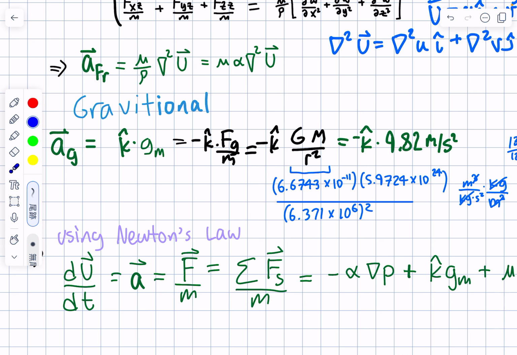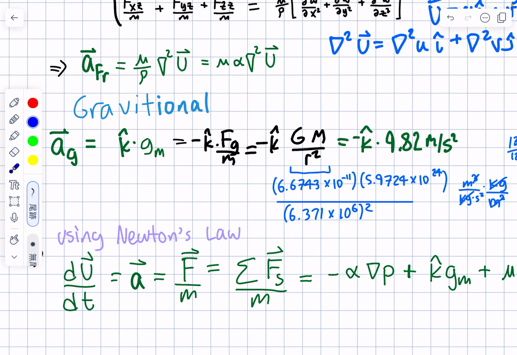For the final fundamental force, we have gravity, which is a force that only has an effect in the z direction. These other forces have had an effect in all directions, but this one will only have it in the z direction. And that is why we write k here, because if g was a vector in i, j, and k direction, multiplying k inside, we would get i·k, which is equal to 0.